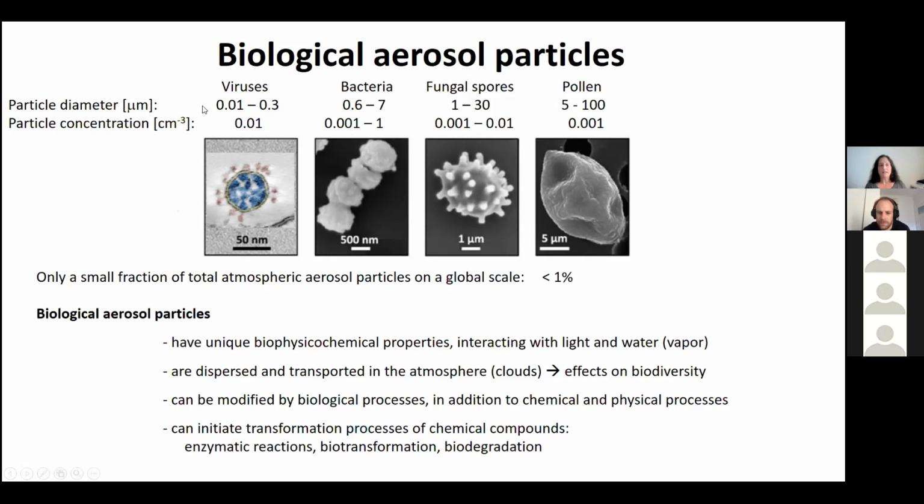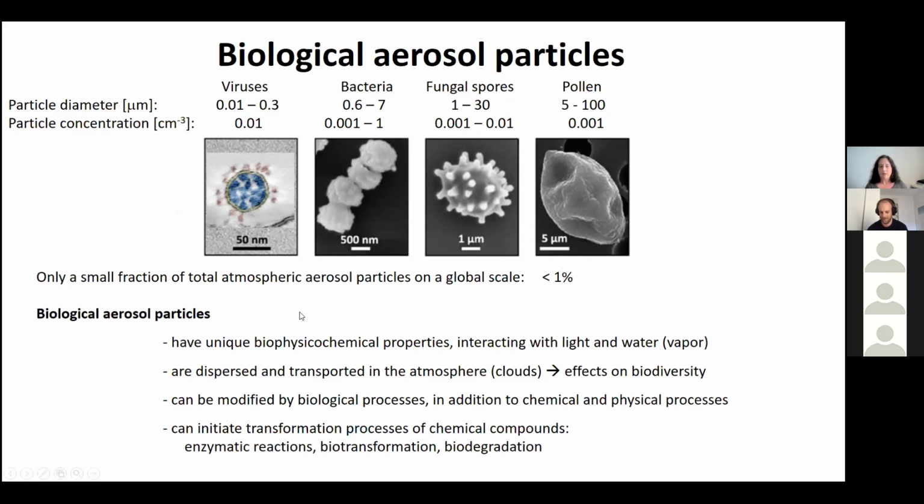And they have different size ranges depending on the different subtypes of these particles. And also they have different concentrations depending on emission sources. So these are rather average concentrations. And overall, these biological particles make only a very, very small percentage of the total particle loading in the atmosphere. So it might be somewhat more than a few percent locally, but globally, it's certainly a rather small fraction.